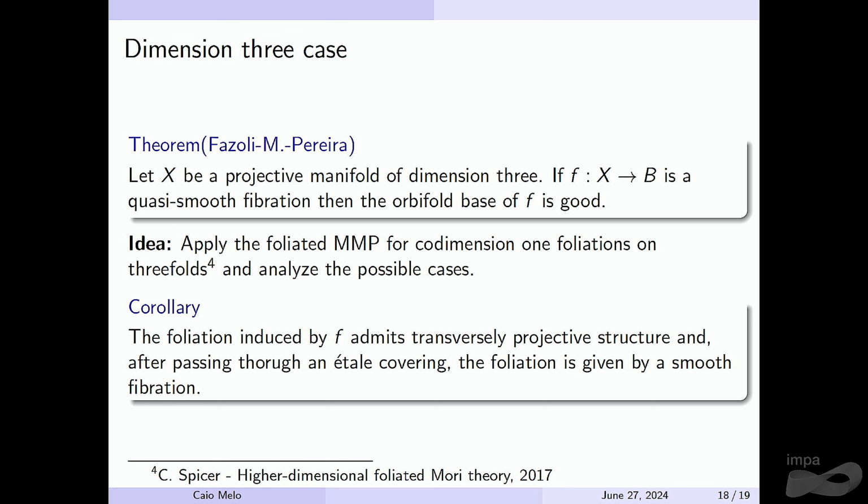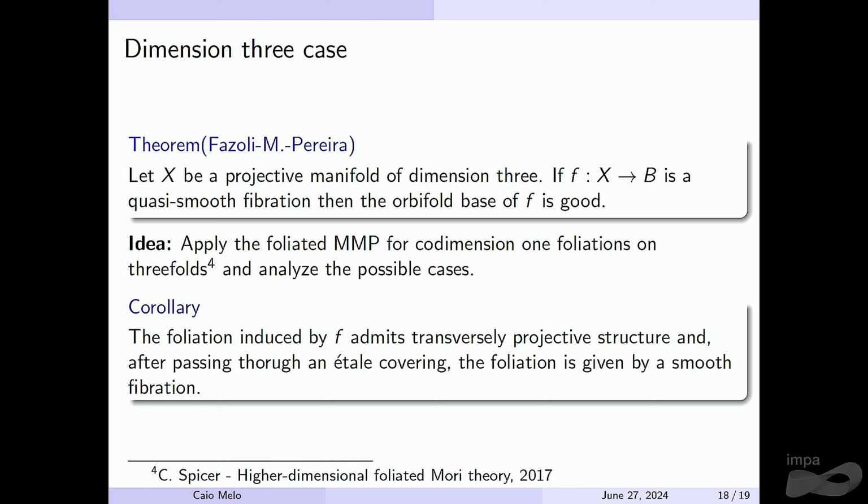And for dimension 3, we were able to prove it only for a projective manifold, where we applied the foliated MMP, foliated MMP for codimension 1 foliation on threefolds, a work by Cascini and Spicer. Here we are using the fact that it is smooth, again, and the foliation is smooth.